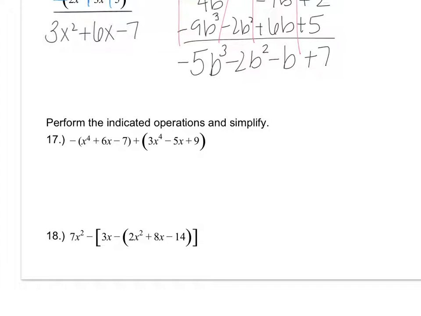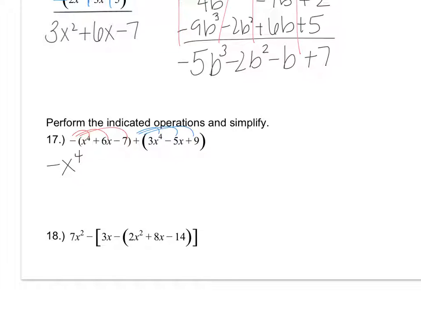Okay, and then the last thing is just kind of combining it all together in the idea of a distribution in general. So you'll notice on number 17, this minus sign is going to need to distribute to this parentheses. And really the second parentheses is going to be distributing a plus, but that plus sign is not going to change anything.